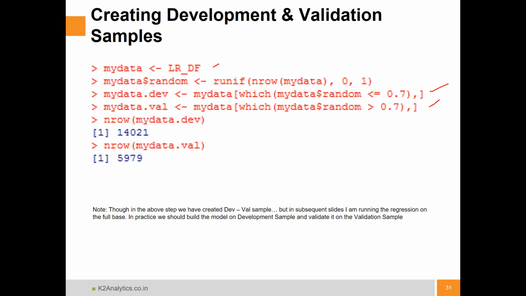For model development, the thumb rule is to divide the entire data into 3 samples: dev, val, holdout. Dev should be 50%, val should be 30, holdout should be 20. If the data is too big, for example I give you 10 million data, in that case don't go with the thumb rule.